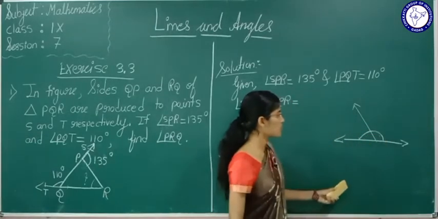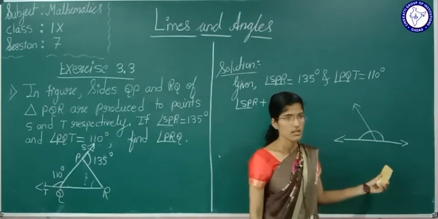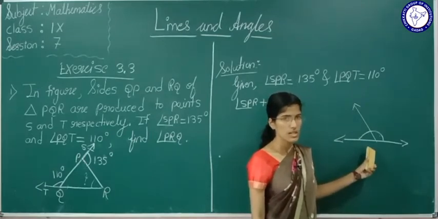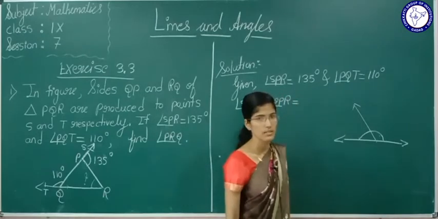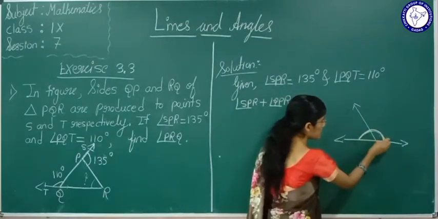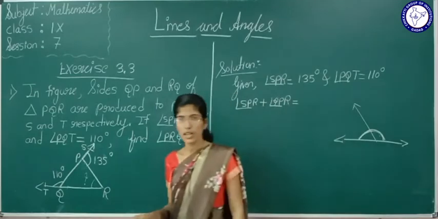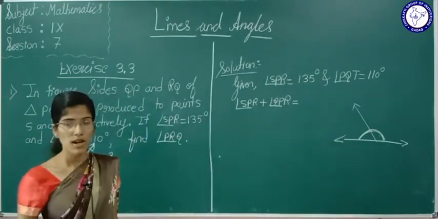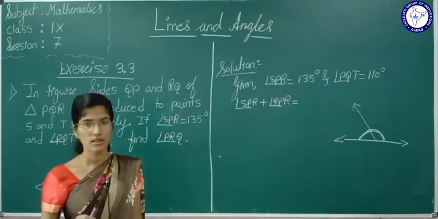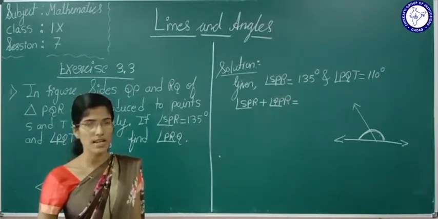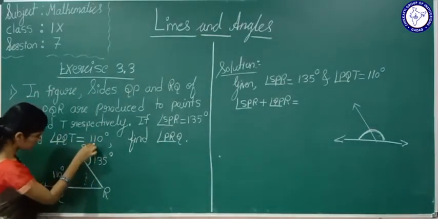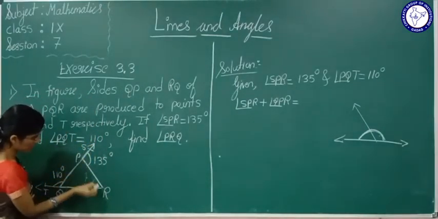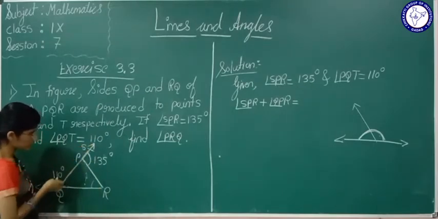If the sum of two adjacent angles is 180 degree, then that is called a linear pair. Yes or no? Now see here, one line is there and PR is standing on this line.